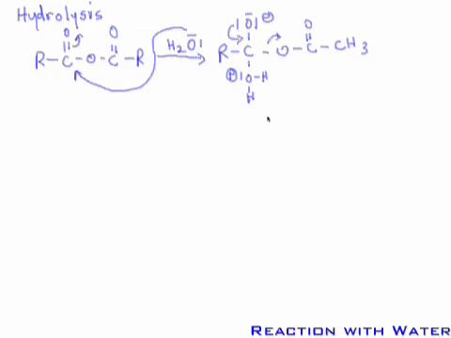Kick out the carboxylate. Very quickly we get R, C double bond O, O, H, H positive. And the leaving group, of course, is the carboxylate.